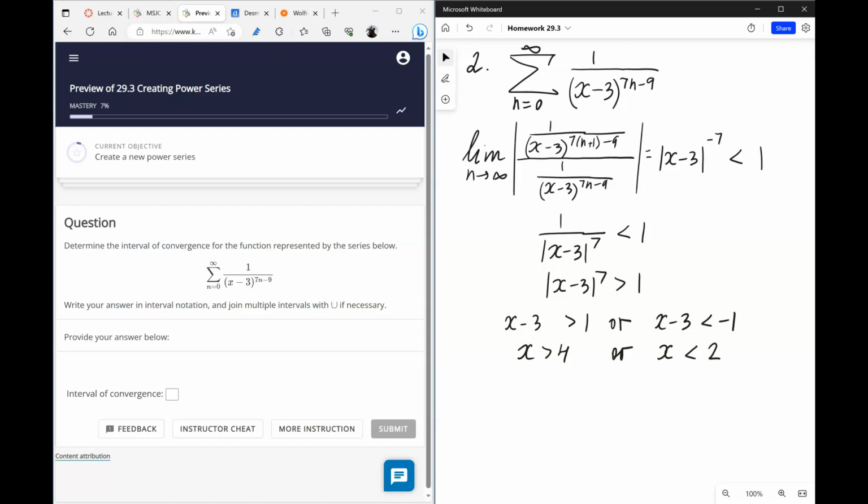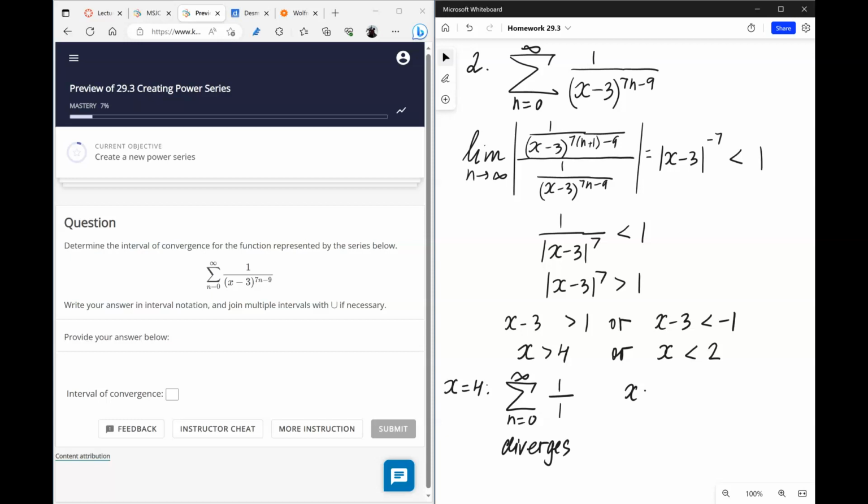And now we need to figure out what happens at the boundaries. So we set x to be 4. If you set x to be 4, then you end up with the following series. You just have a bunch of 1s, and this series diverges.